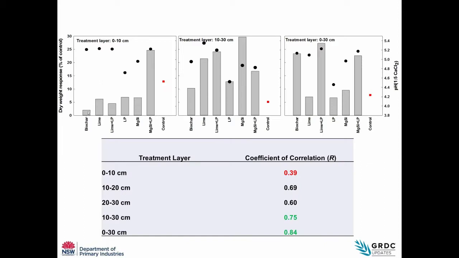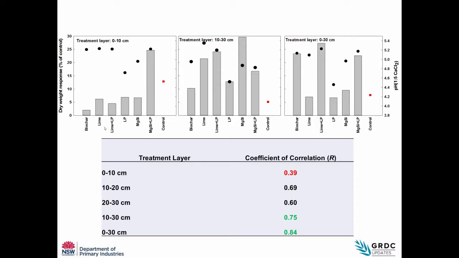These graphs are a bit busy, so I'll try my best to explain them in the simplest way. The bars show the dry weight response as a percentage of the control, so this is relative to the control treatment. You have biochar, lime plus lucerne pellet on its own, magnesium silicate, or magnesium silicate plus lucerne pellet.